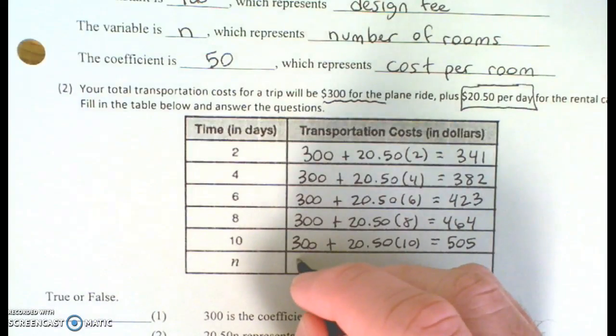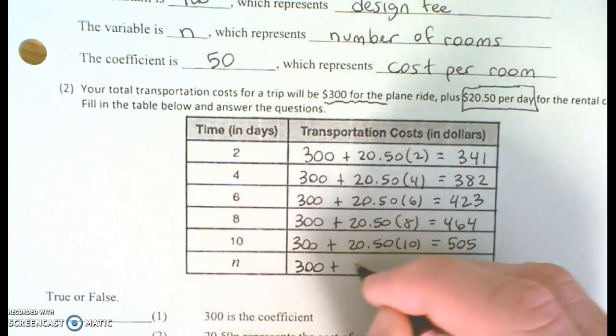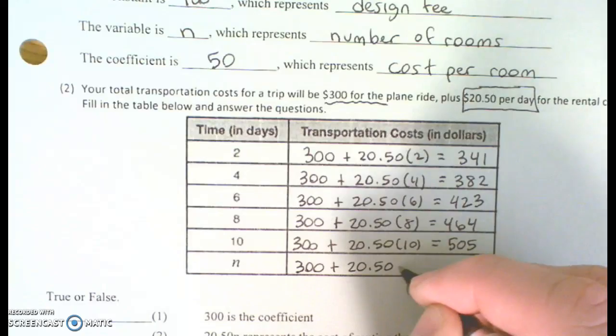So finally, the rule here is you're taking 300 and you're adding the cost times the number of days.